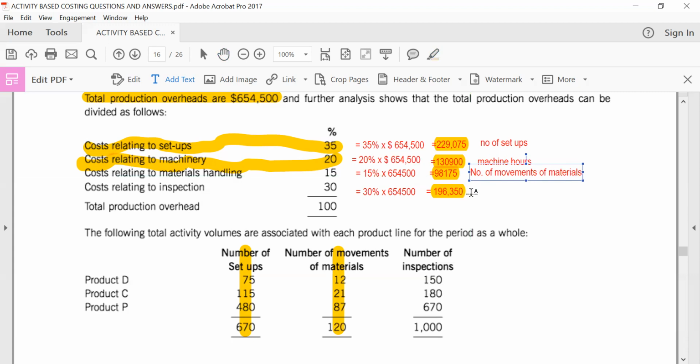And the next one, inspection, is number of inspections. So the number of inspections has also been given to us here. That means you're in good shape, you can calculate. That's it.